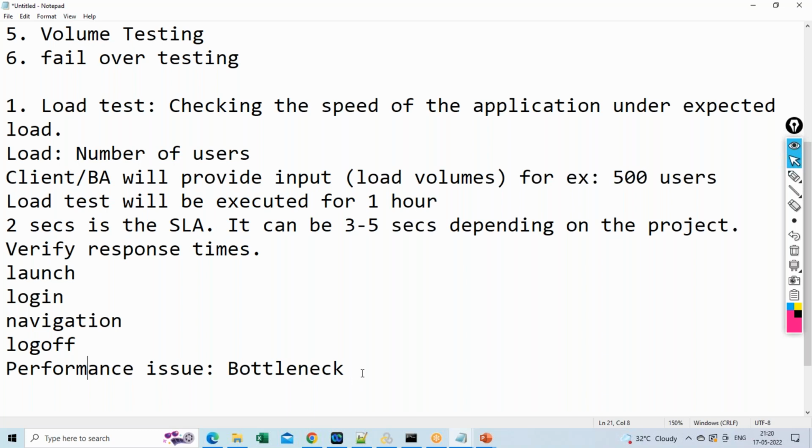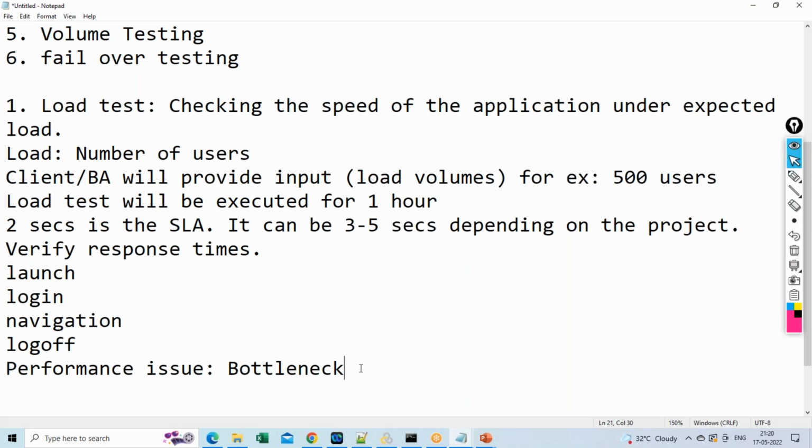Now, when can you say whether a load test is successful or not? You executed a load test with 500 users or whatever the expected load. Now how can you determine whether the load test is successful or not? You can determine by considering various parameters, for example, check the number of errors.